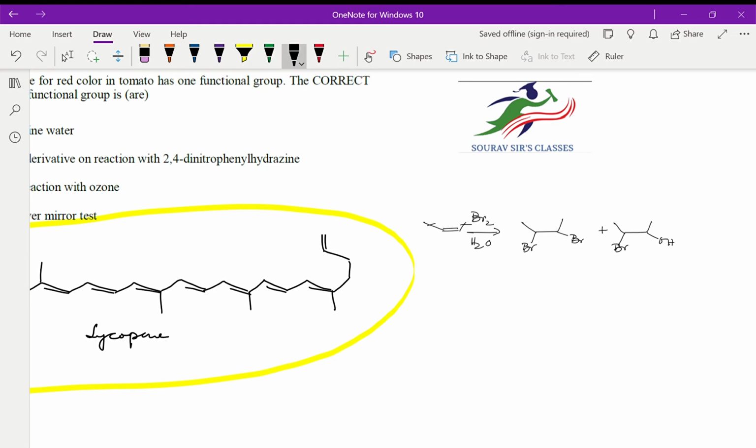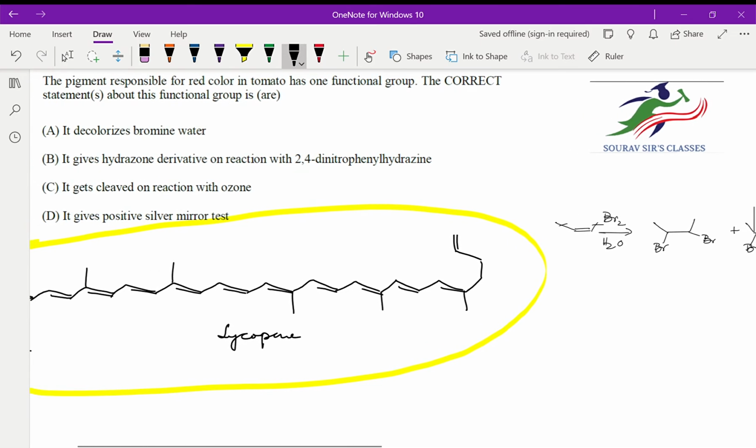So both the dibromo and the bromohydrins can be formed over here.